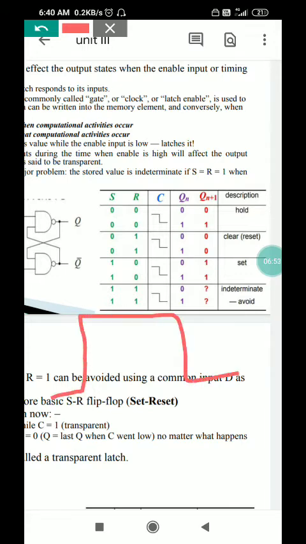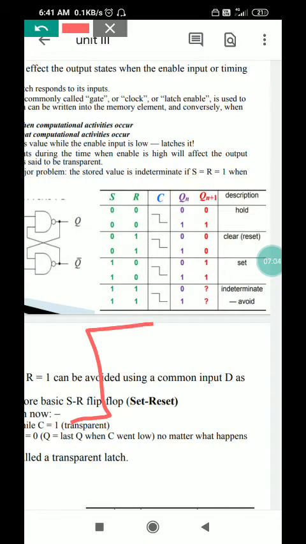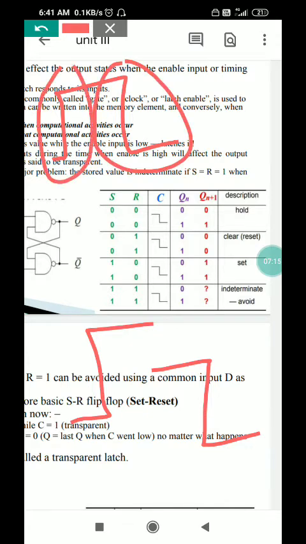This one is your clock. This one is called rising edge. Rising edge is this part of your clock, and this part of your clock is falling edge.